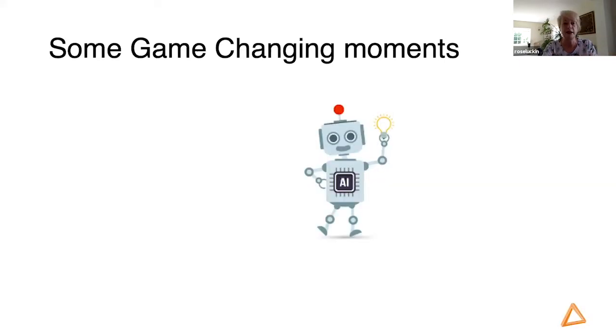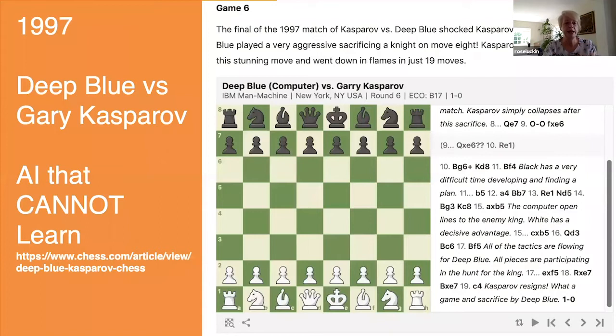But some of the real game-changing moments during the early days of AI, and now to the end of the last century, were the moment when the IBM machine Deep Blue beat Garry Kasparov, the chess grandmaster. And this was a phenomenally important moment.